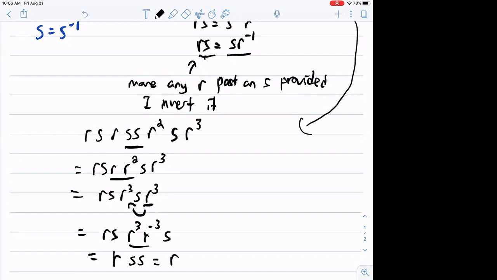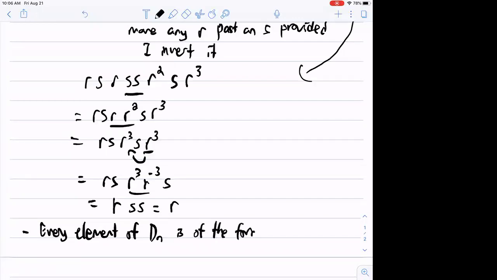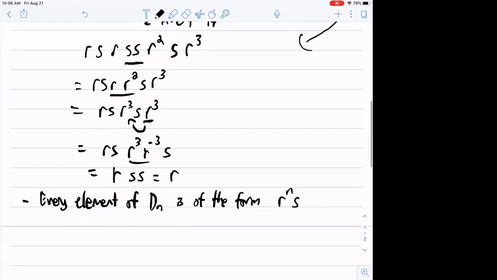So in general, you see that every element of Dn is of the form r to the j s, or r to the j. Okay, I take it back, let's not use n, since I used n for the order.